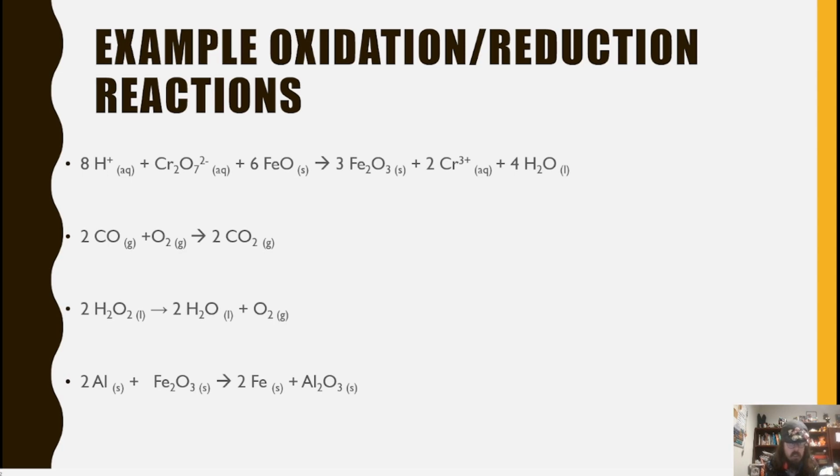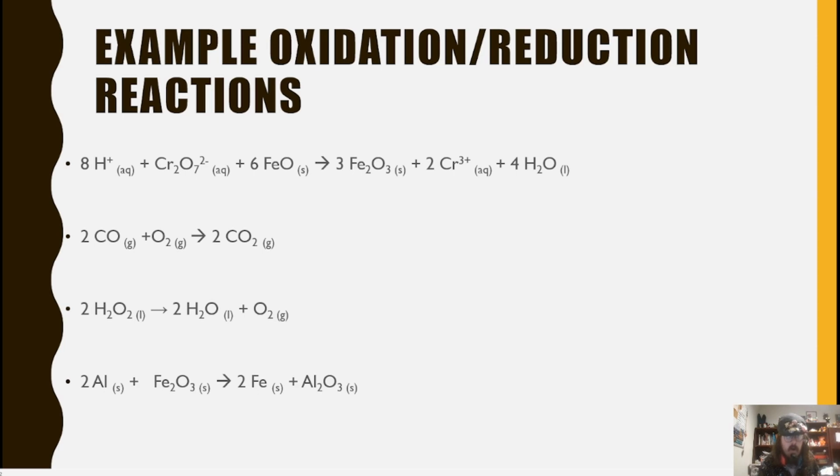So oxygen is being reduced from 0 to 2-, but not all of the oxygen. Only the O2 oxygen is being reduced. The other oxygen is staying 2-. And the carbon is being oxidized.